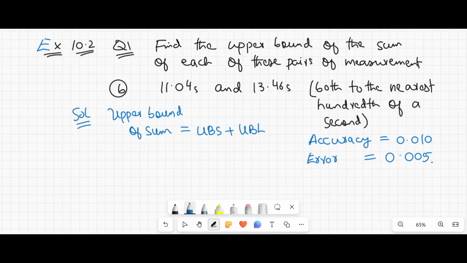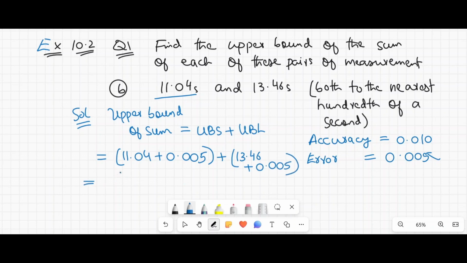Now you will add this error term to each number. So 11.04 plus 0.005, plus 13.46 plus 0.005.